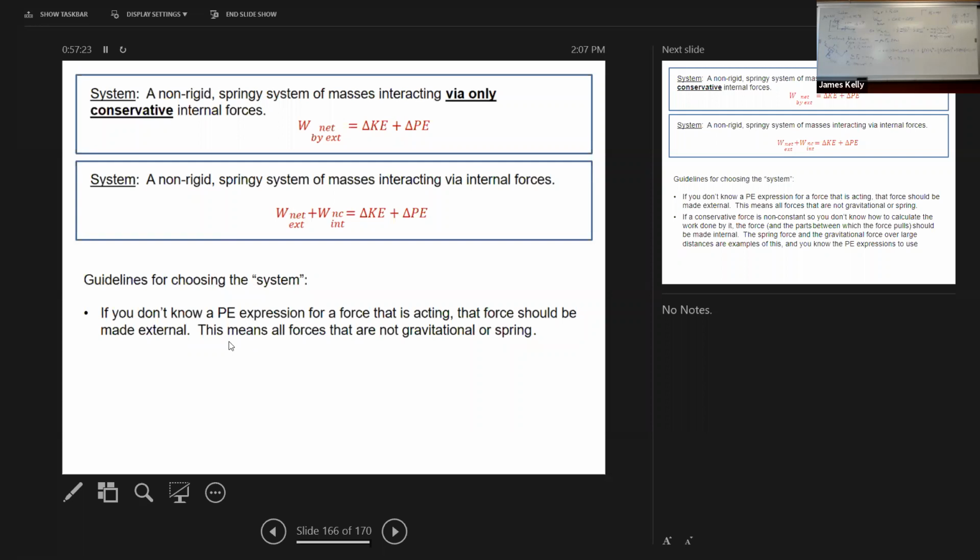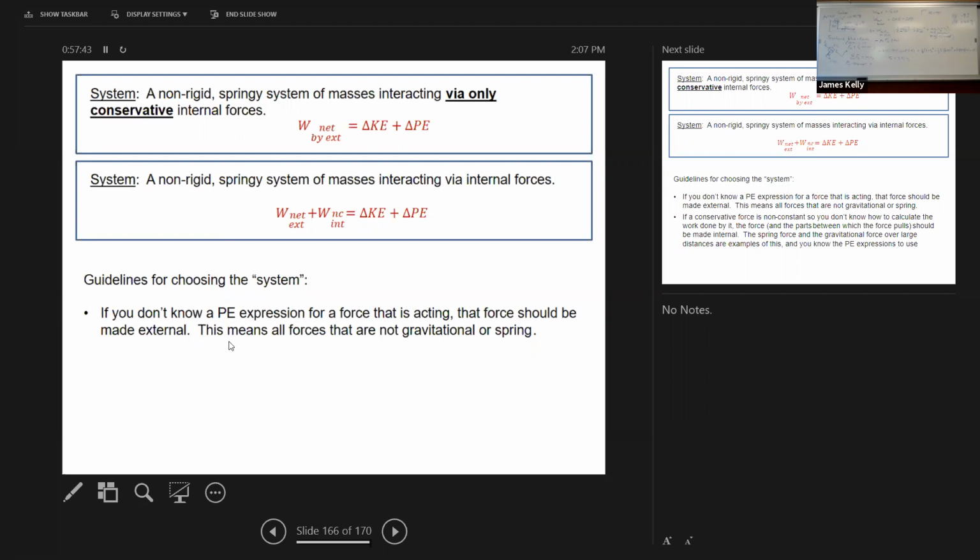Okay, so first of all, how do I decide what to put in my system and outside of the system? If you don't know a potential energy expression for some force, well, if you put it in the system, it's going to appear as a potential energy on the right-hand side. So if you don't know a potential energy, make it external.